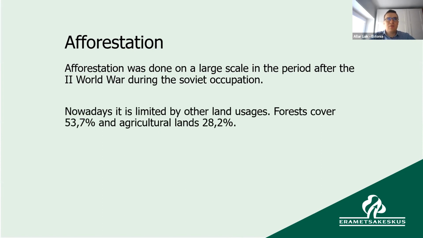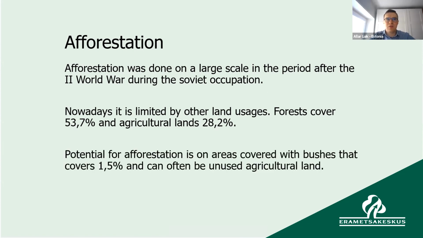Nowadays, we can't do much more afforestation because forests already cover 53% of our land. For example, agricultural lands are 28%, and the remaining are cities, roads, houses, etc. So we can't do it much more now.